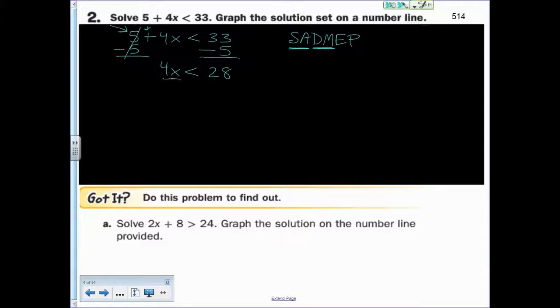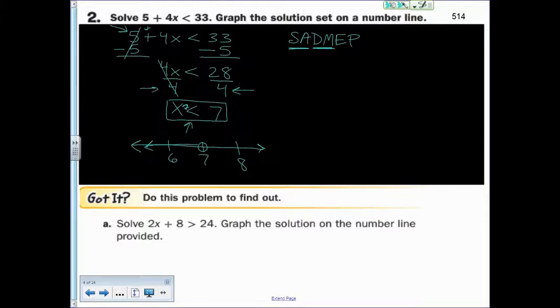The opposite of multiplying by 4 is to divide by 4, and we're going to do that on both sides. 4 divided by 4 equals 1, so we're left with x. We divided by a positive, so our sign's going to drop straight down. 28 divided by 4 is 7.